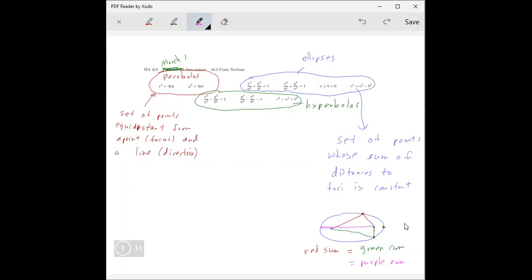Maybe some of you have been there or heard about it, where they'll drop a pin at the pulpit, and then they'll have a bunch of people sitting over at the other focus. The sound waves go out from the pulpit, hit the ceiling, bounce off, and arrive at the same exact time at the other focus.